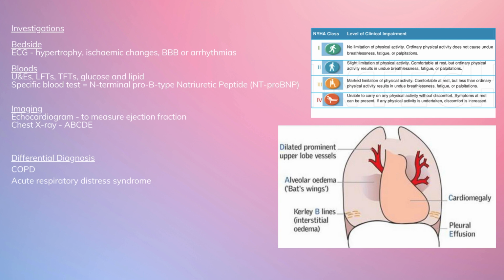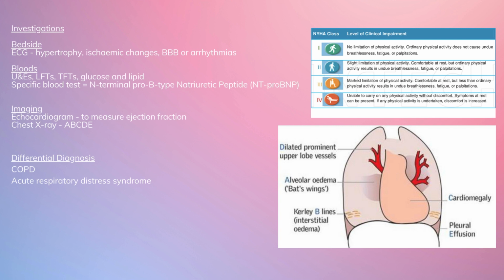A really specific test that we want to look out for is the NT-proBNP. Now, in terms of the NT-proBNP, if its level is greater than 2000 ng per liter, that means that we will need to urgently refer the patient for specialist review and for them to have a transthoracic echocardiogram within 2 weeks.